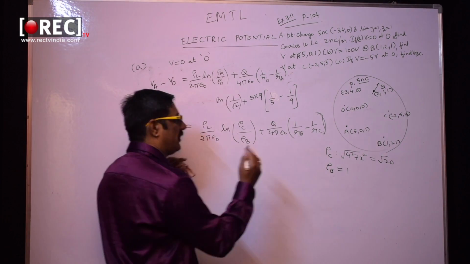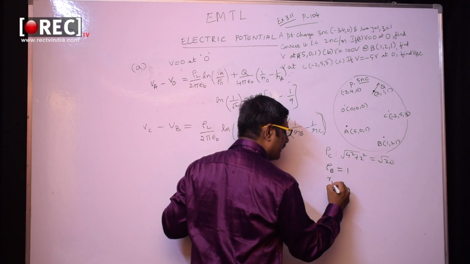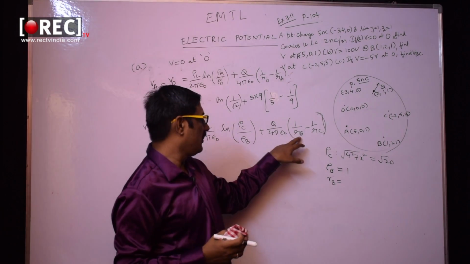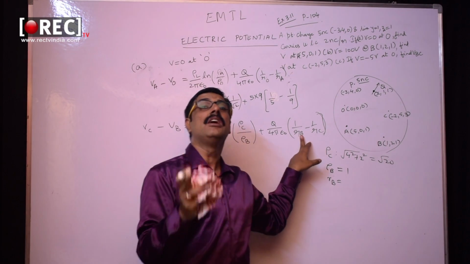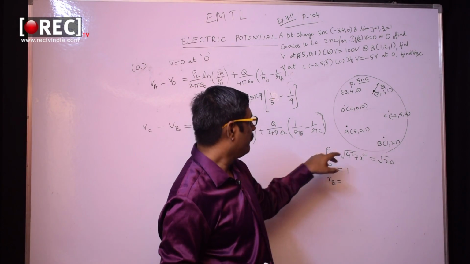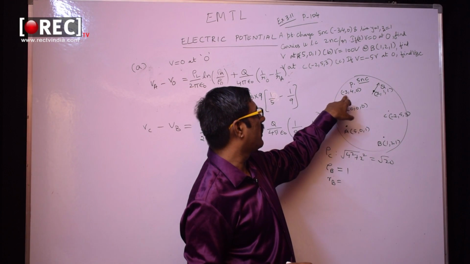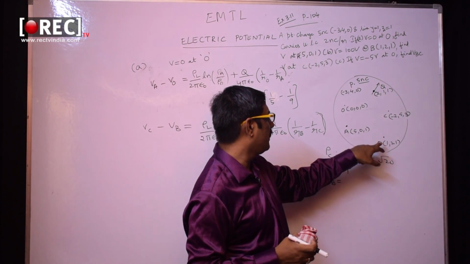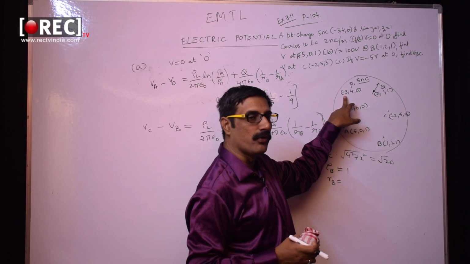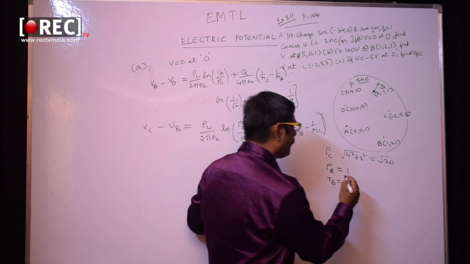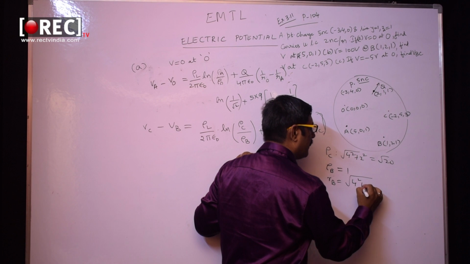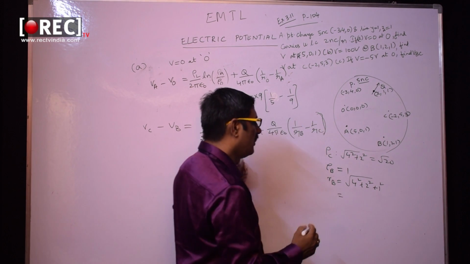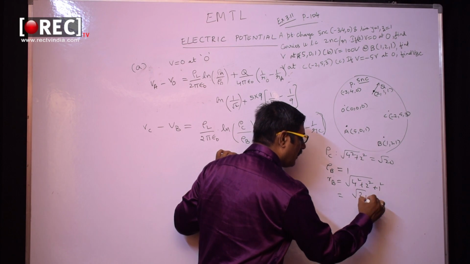Coming to RB, let us calculate RB. RB is the distance between the point B and the point charge. B is (1, 2, 1) and the point charge is at (-3, 4, 0). The distance is the square root of 4 squared plus 2 squared plus 1 squared, which is simply root 21.